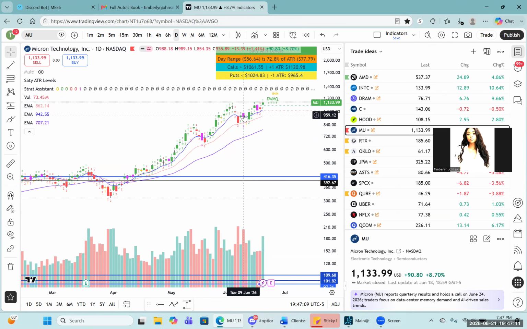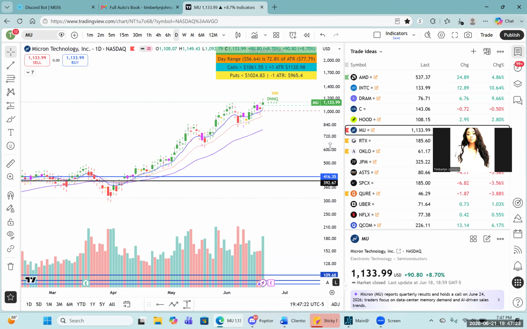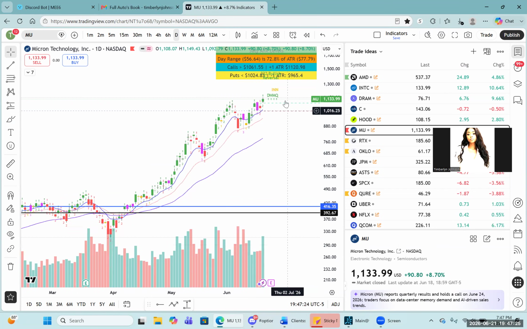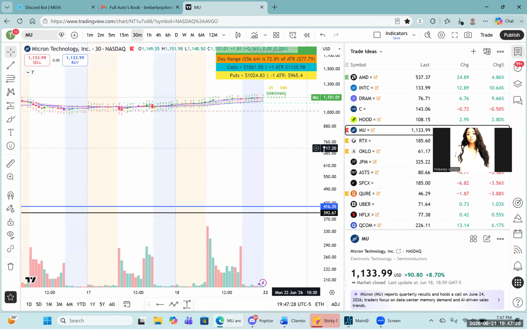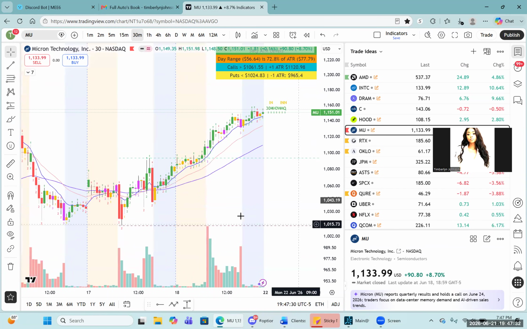As you can see, MU is still holding strong above all. And so basically, when you see that a stock is above all three EMAs, it's pretty much bullish. So if we get a pullback, so this is a daily, if we get a pullback on a smaller time frame with MU, we're probably not going to get scared out of the trade, right?